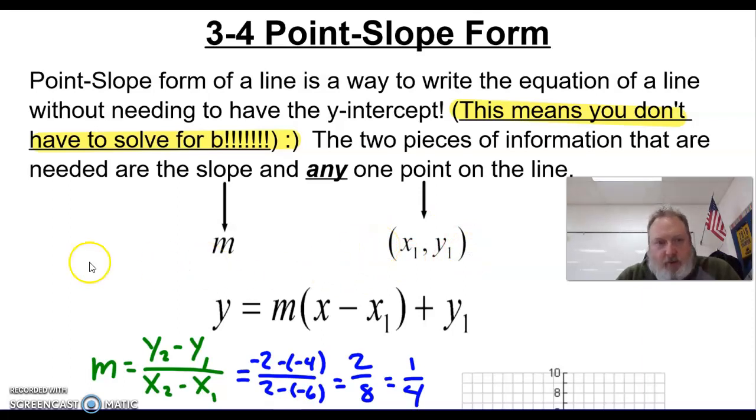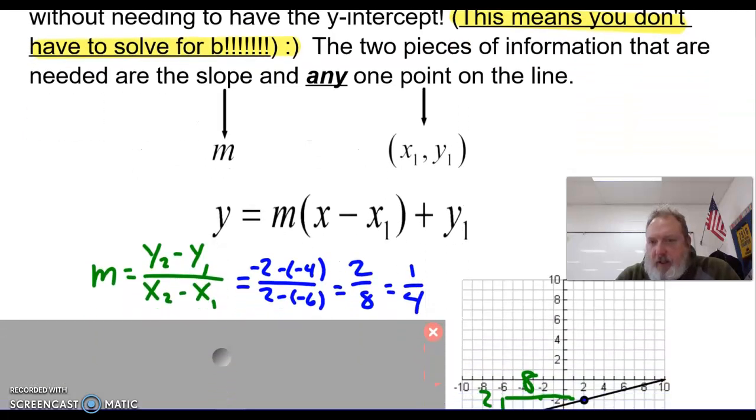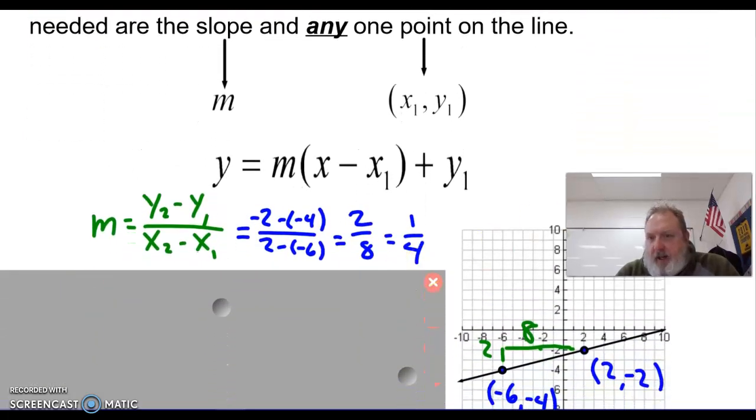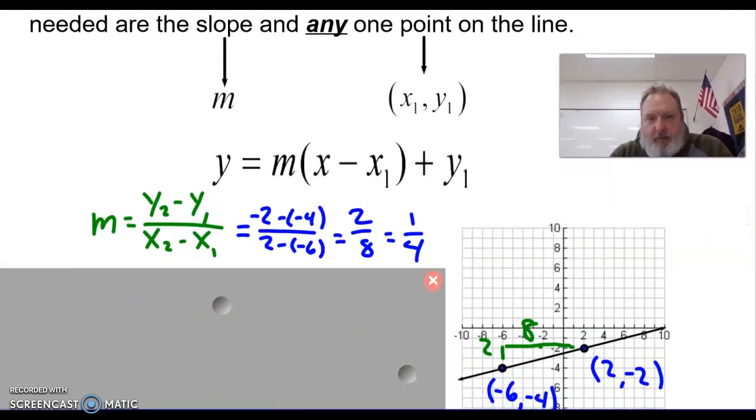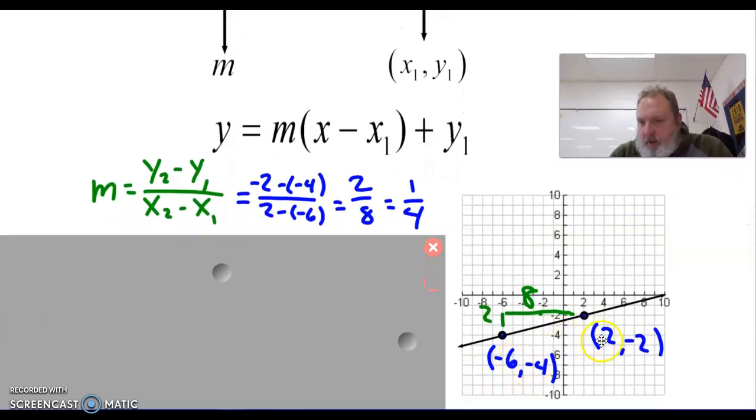So I am going to draw your attention to this first graph. You see that we have a line right over here, and we were given 2 points. So this point here, -6, -4. This point here, 2, -2. And two ways we can do this. We can count out the slopes. You can see we went up 2 and right 8.